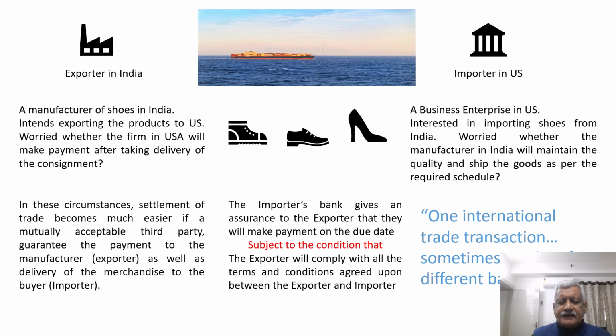The importer's bank gives an assurance to the exporter that they will make payment on the due date, subject to the condition that the exporter will comply with all the terms and conditions agreed upon between the importer and exporter. One international trade transaction sometimes involves 5 different banks.